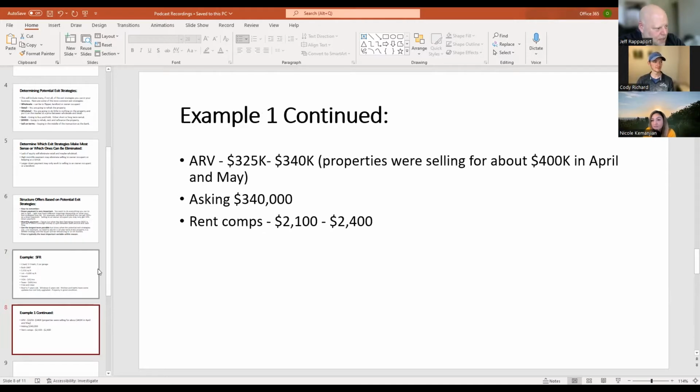Okay. So what I am hoping to do here is I don't want to write a cash offer. Because here is my thought process, right? Let's say that it's worth 350. They're asking 340. I think they were asking 350 and they've dropped it 10 grand. To get it to where we would need to pay cash really is going to be a steep discount, right?